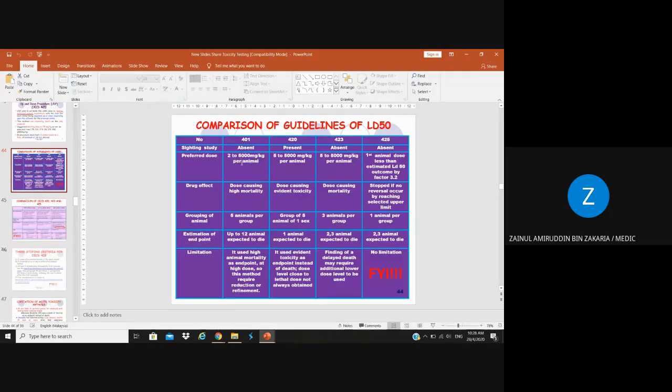So 401 is between 2 to 5,000, 420 is 5 to 5,000, same for 423, while for 425, you look at the first animal dose less than the estimated LD50 by a factor of 3.2. Later I will explain this.